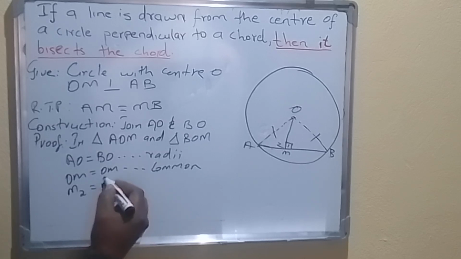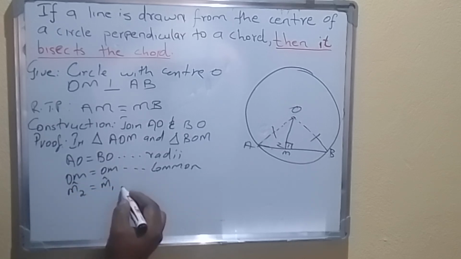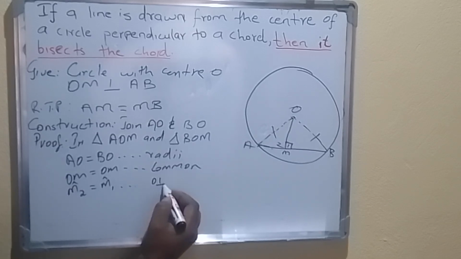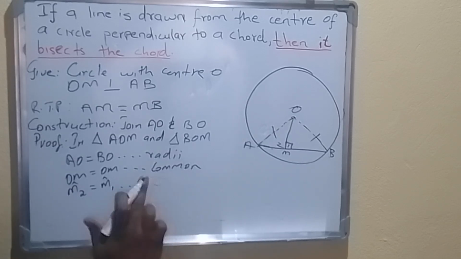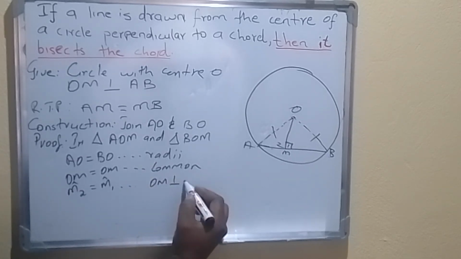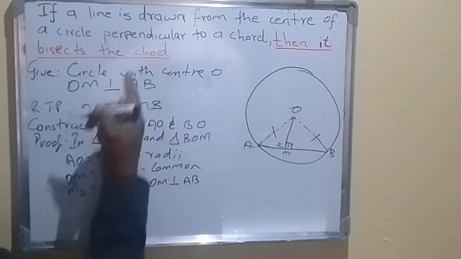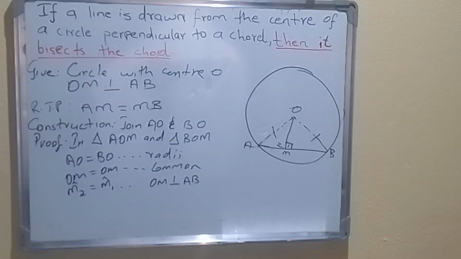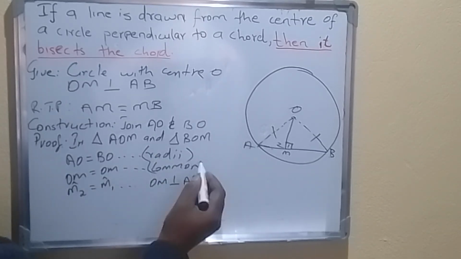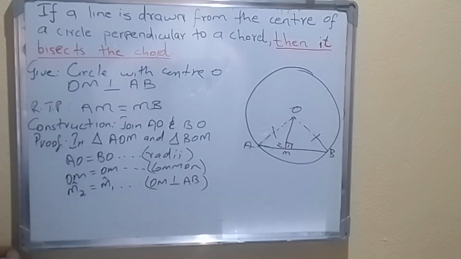Why am I saying this? Because I am given that OM is perpendicular to AB. That's what they're saying: the line from the center is perpendicular to the chord. So this is given. Now with these three conditions, I can conclude that.